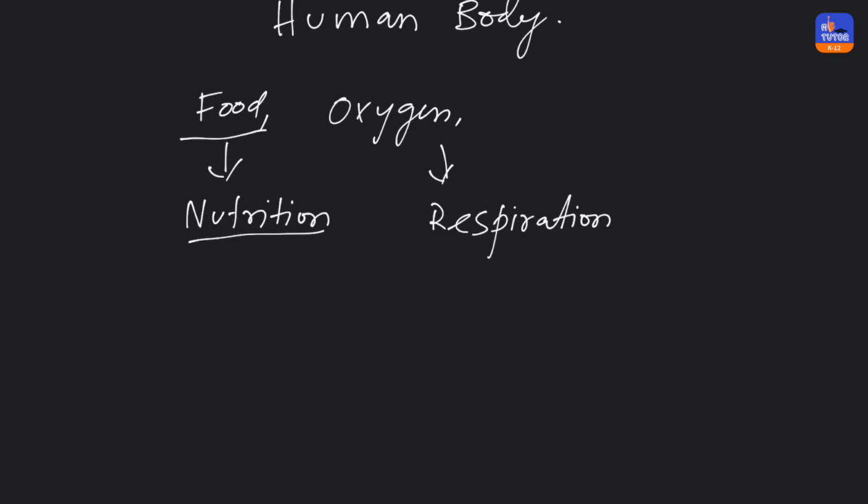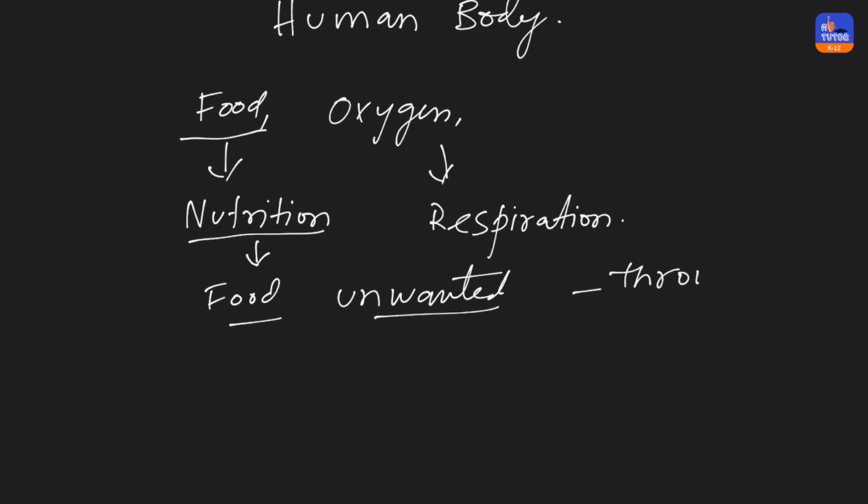You are aware of this, dear children? Yes, sir. So, the body uses the food and unwanted stuff is thrown out. How? That is the subject matter today. So, let us begin.